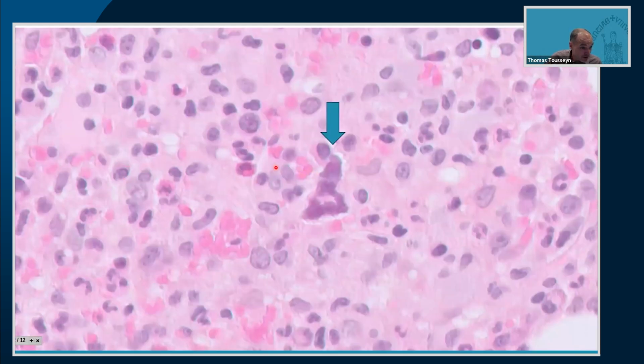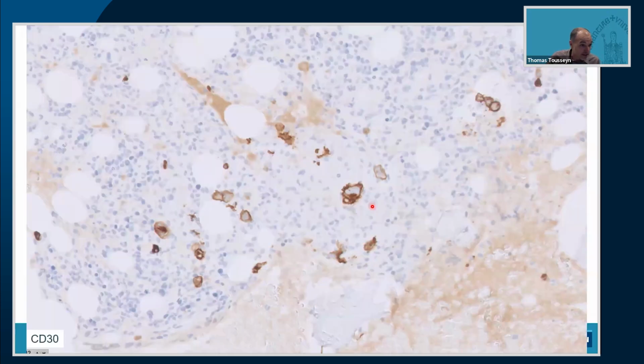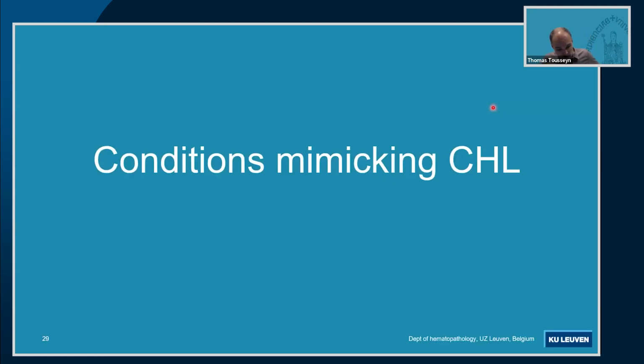They are often intermixed with some histiocytes, eosinophils, so the background that you can see in the lymph node as well. And if you do the markers, you can find the atypical cells easily because normally in a bone marrow we don't have, for example, CD30 expression. Okay, so these are the prototypical cases.